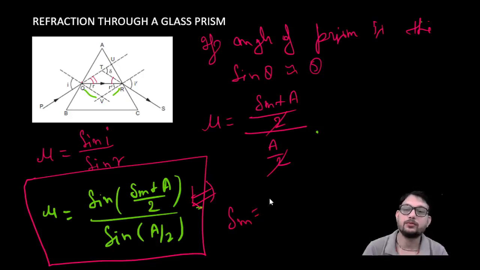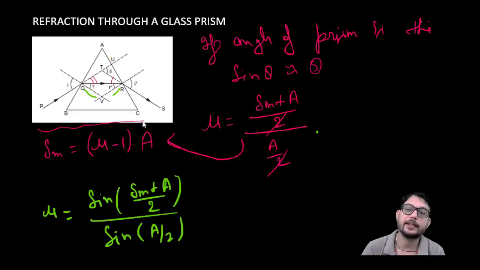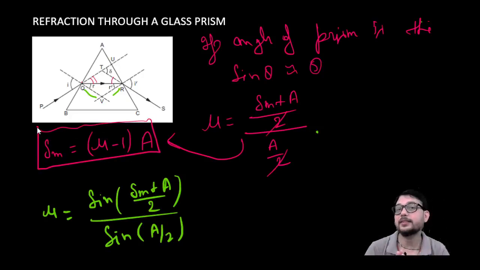Firstly we have to rough it, and then we write the result here, and the result is delta m equals (mu minus 1) times capital A. So when we solve it, we get the result like this. This is another interesting result in case of a thin prism.